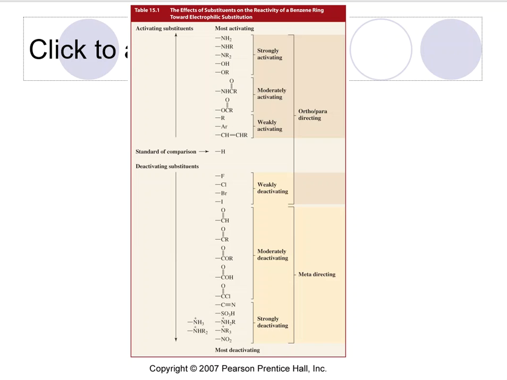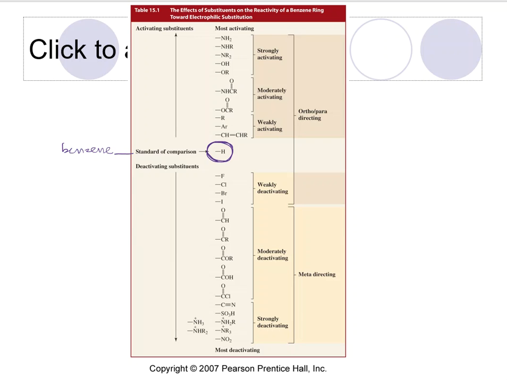So in the middle of this chart, you're going to see a hydrogen that's right here. This hydrogen's kind of benzene, just normal run-of-the-mill benzene. There's no groups on it at all, and benzene has a certain reactivity, and we know what that reaction rate is going to be. And then we compare everything else to that benzene.